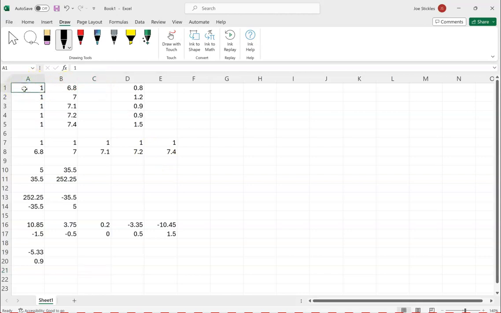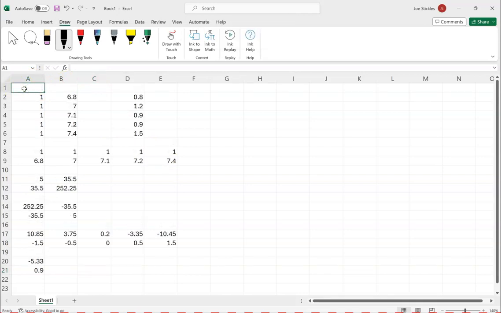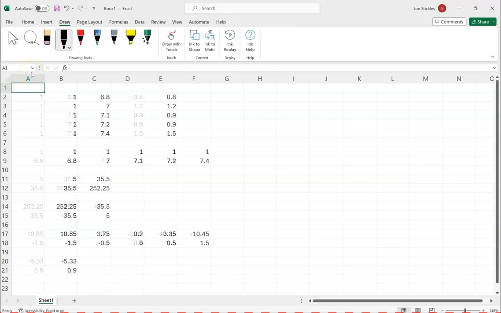So let's label a couple of things here. All right. So this was your A matrix. This was your B. This down here is A transpose.